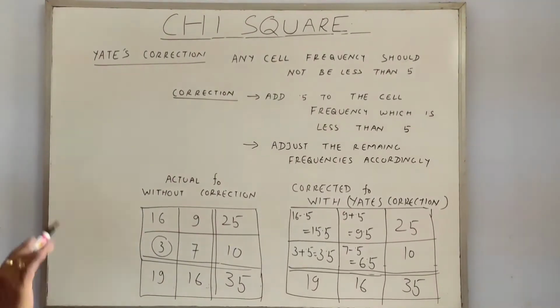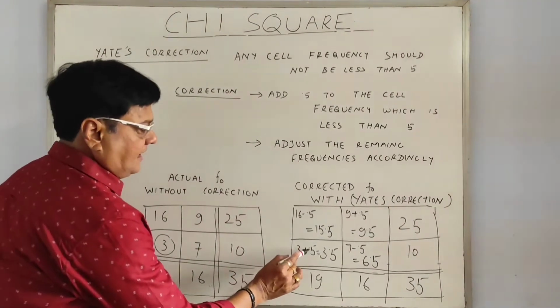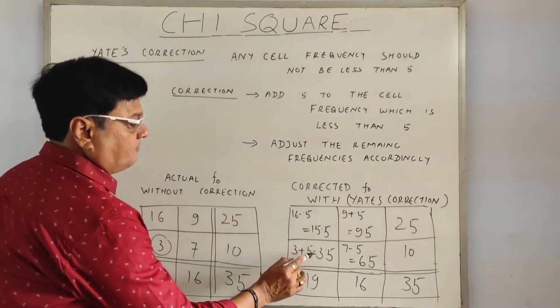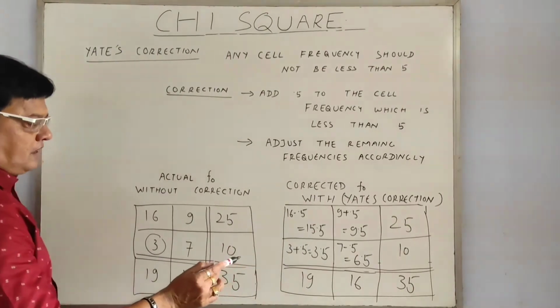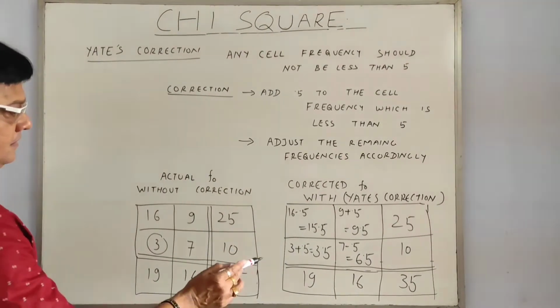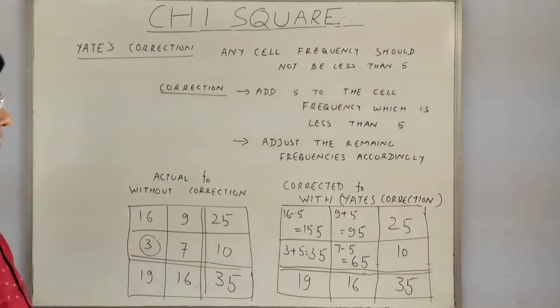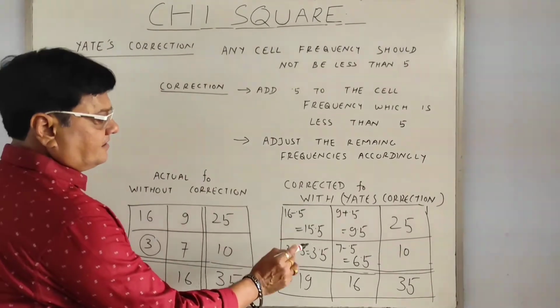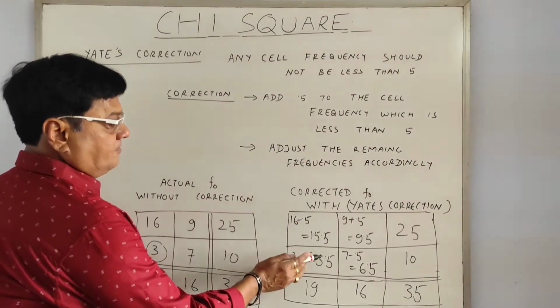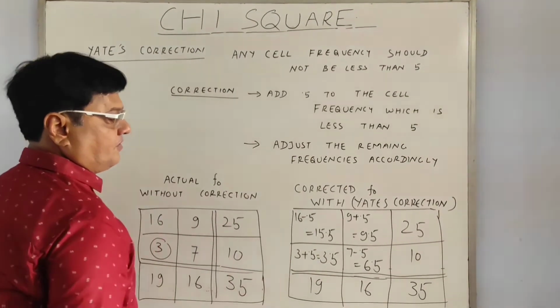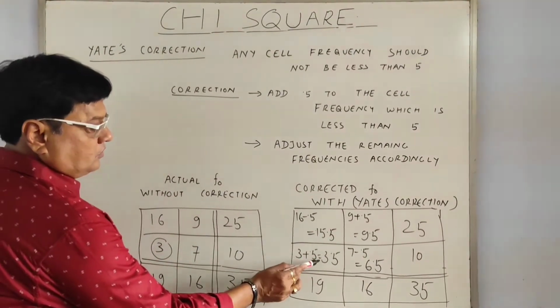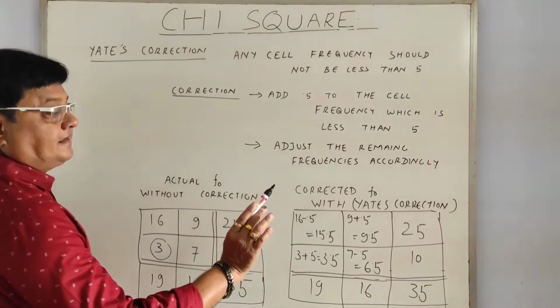So we first add 0.5 to this 3, that is 3.5. As you know, the total should come as 19. After that, we deduct the same 0.5 from above: 16 minus 0.5 is 15.5. The total of these two should come as 19.